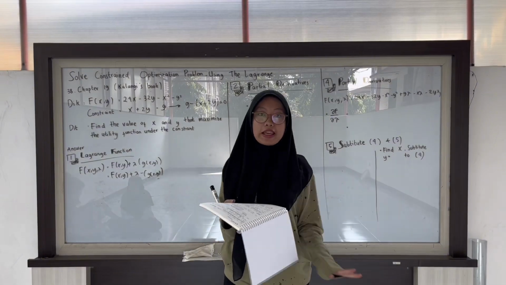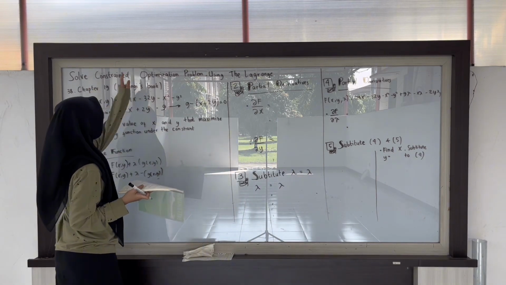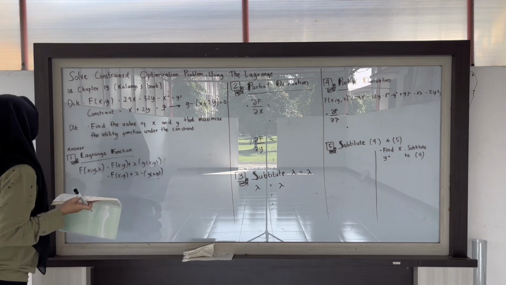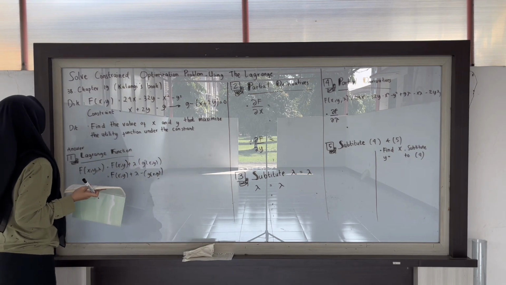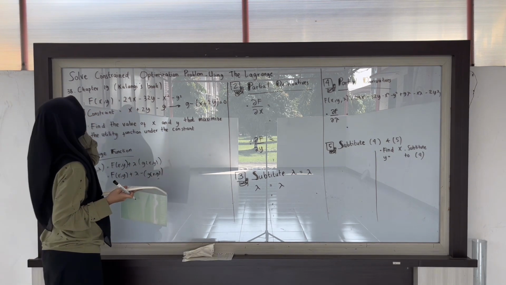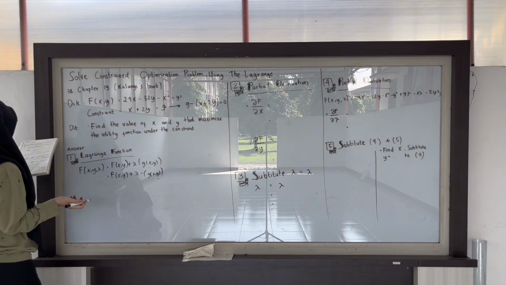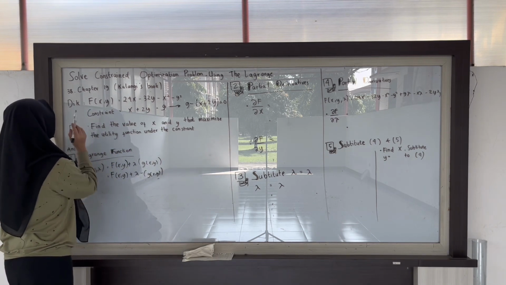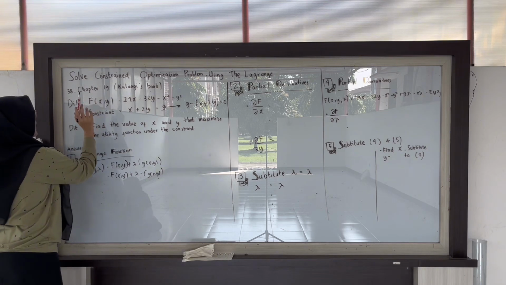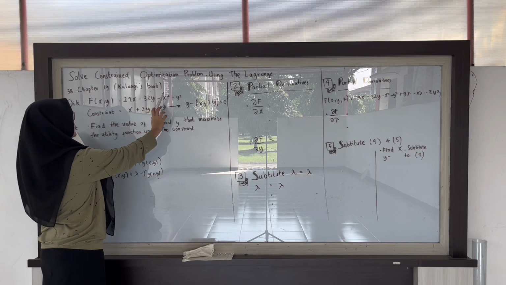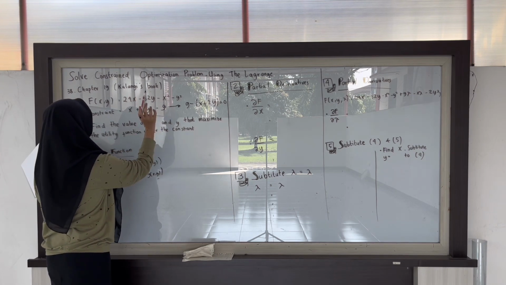Hi, I'm Amalia. So now I want to explain how to solve a constrained optimization problem using the Lagrange method from chapter 19 of Haeussler's book. In this problem, we are given a function to maximize: f of x y equals 24x minus 32y minus x squared minus y squared.